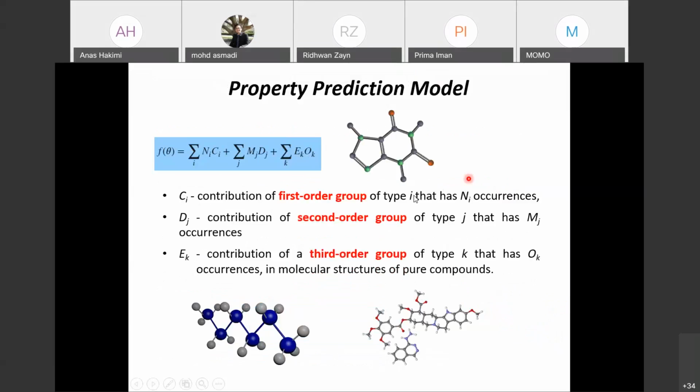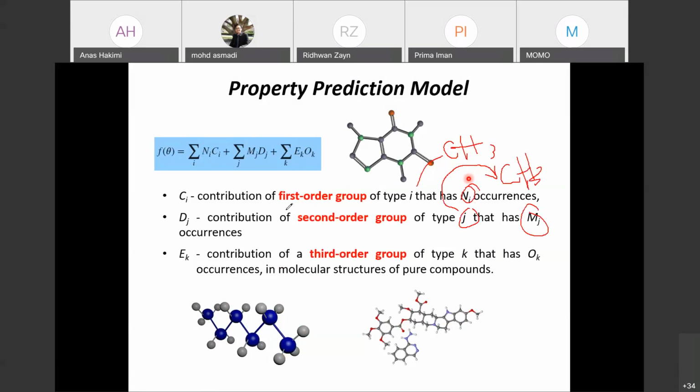Ni is, for example, something like CH3, the group. How many CH3 in this group, Ni occurrences, or Mj, the occurrence, how many CH2 in this group. j is the type of the group available in the compound.